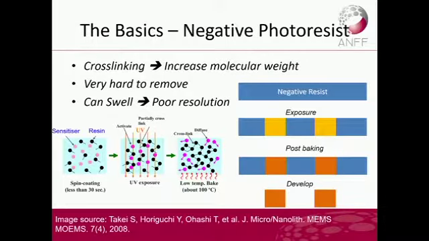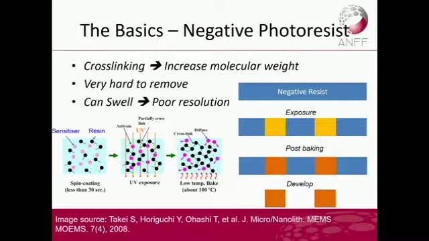So in the early days, I'm referring back to the 60s, that's when photoresists were invented. At the very beginning, negative resist was invented by Kodak. The way they work is that you have your polymer blend of resin and sensitizer, and then upon UV radiation, you start to activate the sensitizer.